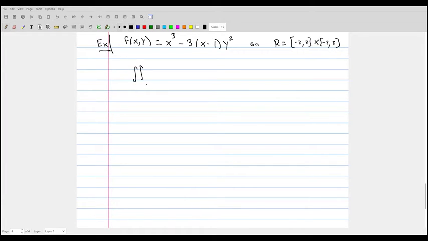The double integral over R of this function is going to be the iterated integral from -2 to 2 of x cubed minus 3 times x minus 1 times y squared, and this is evaluated by doing the inner iterated integral first.